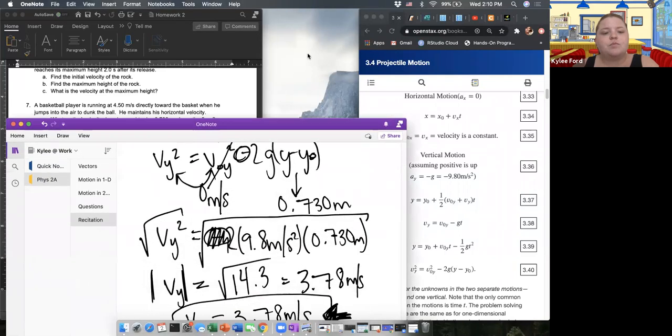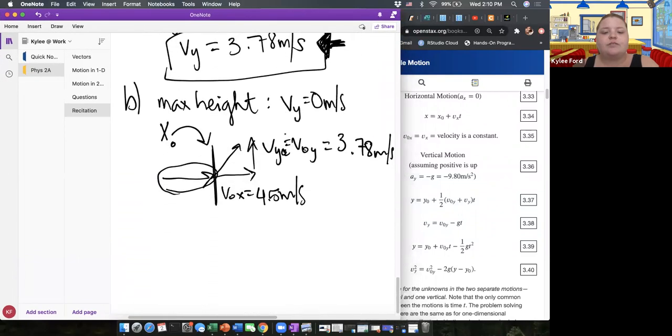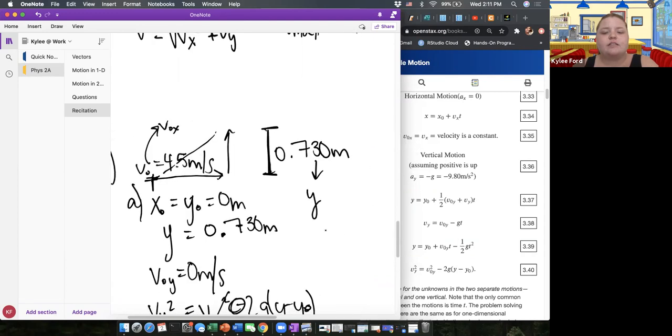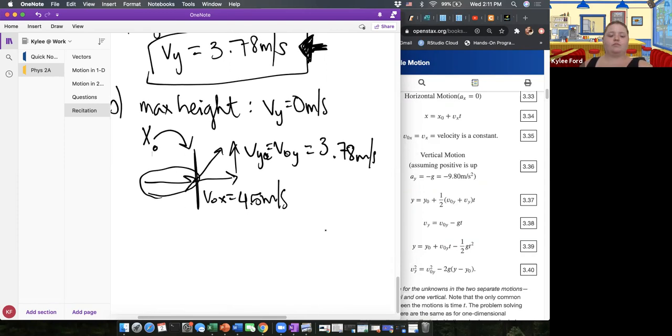I would assume that we would want that maximum height to be that height that was given to us, this guy here. That's what I'm gonna assume. Okay, so let's say my y at max.